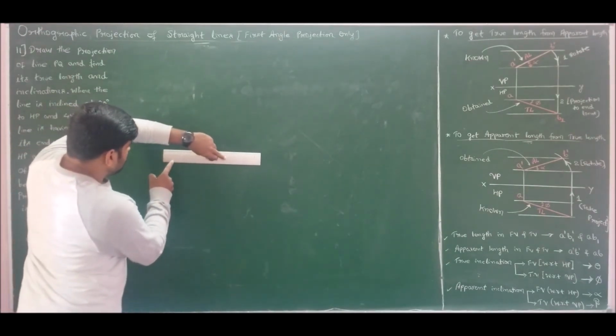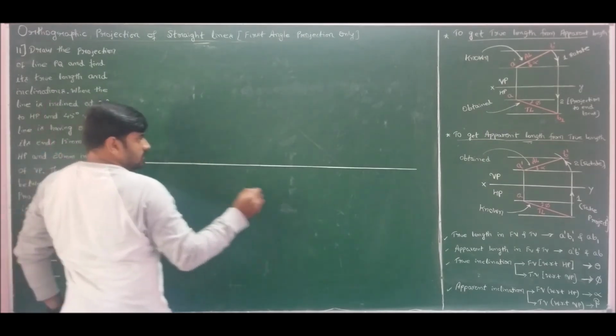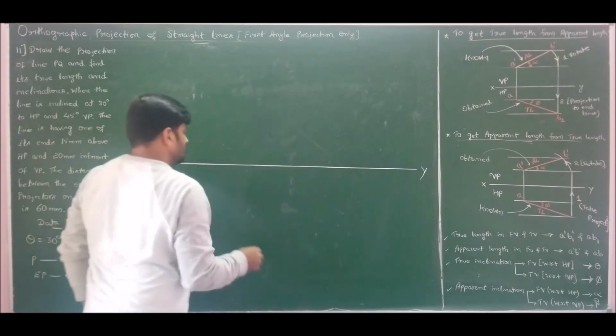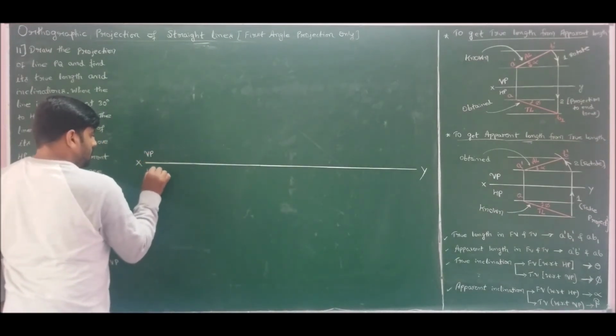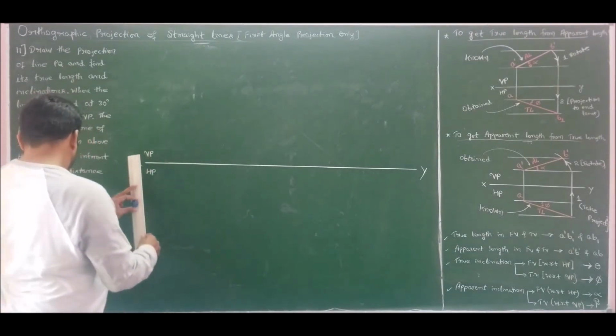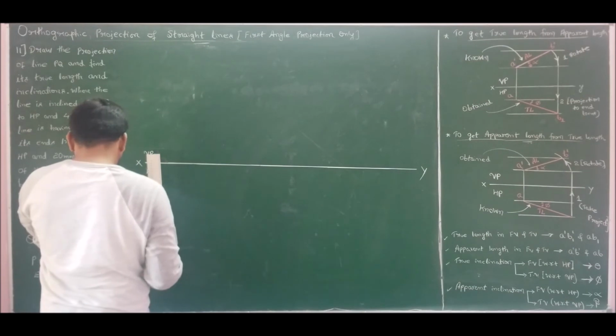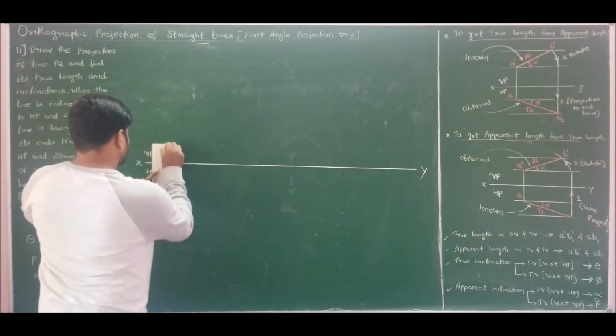Drawing the reference line XY. For first angle projection, always VP will be above and HP will be below. Now let us fix the locus given. Locus of P is 15 mm above HP. So draw the locus of P dash.